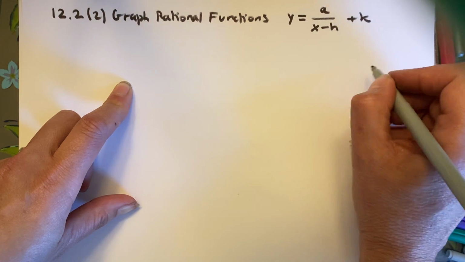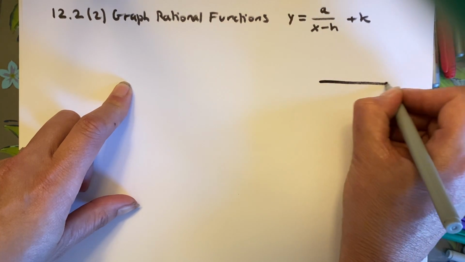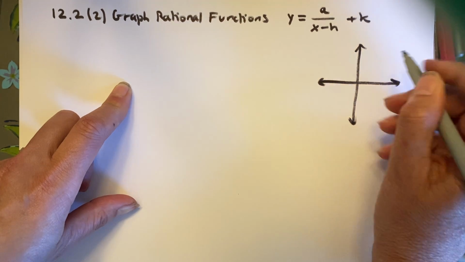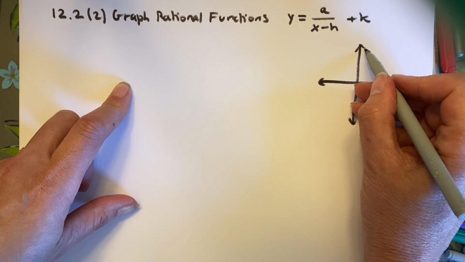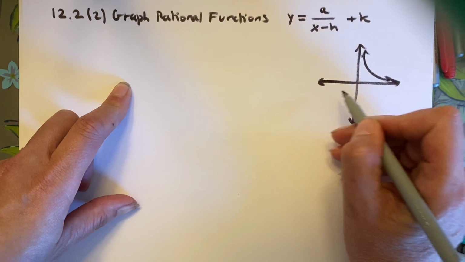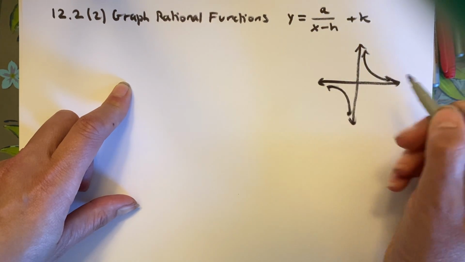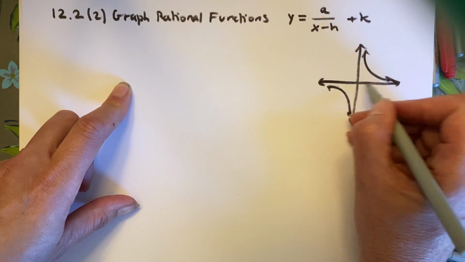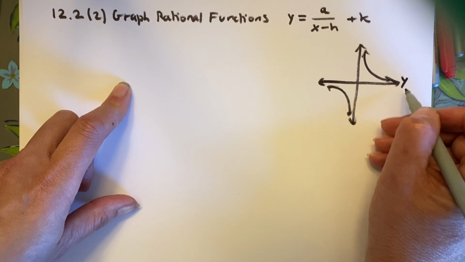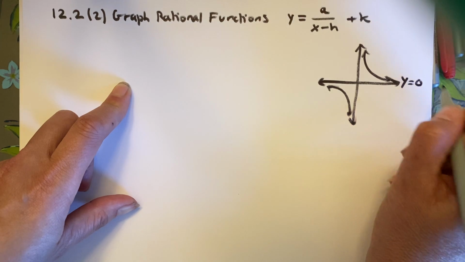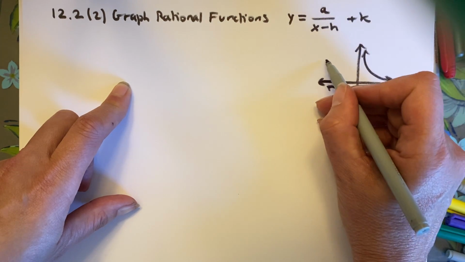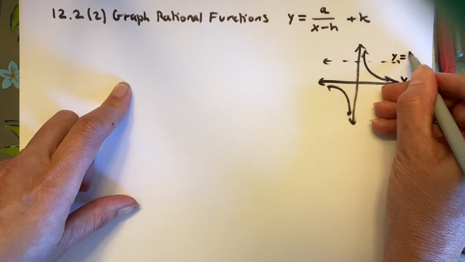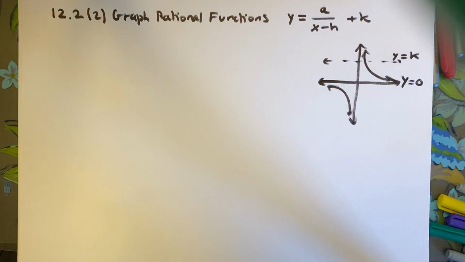So when we have, let me just put the graph here so it's clear. When we have a function like this, your base parent function, and we're moving it up from this asymptote here, which is the y-axis, which is y equals 0, and we're moving it up by k, our asymptote is going to be y equals k, okay?